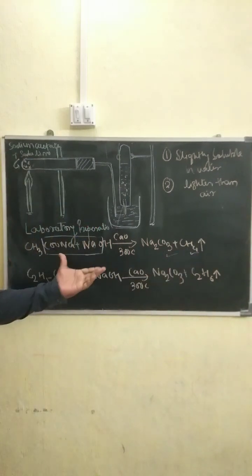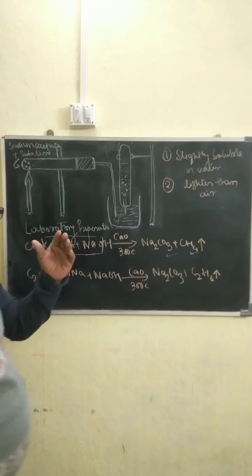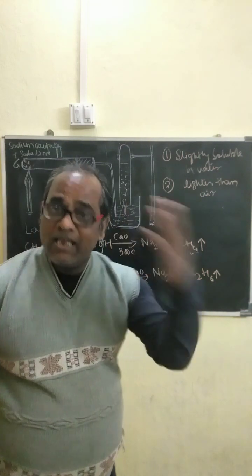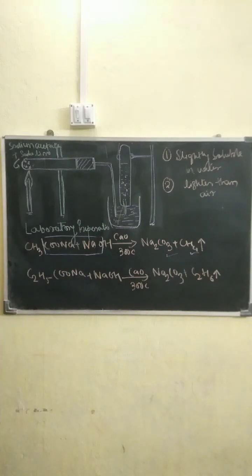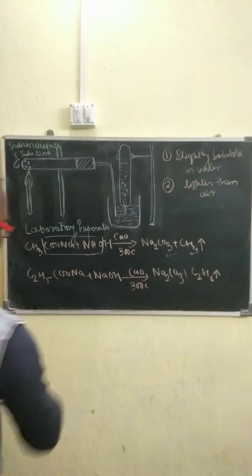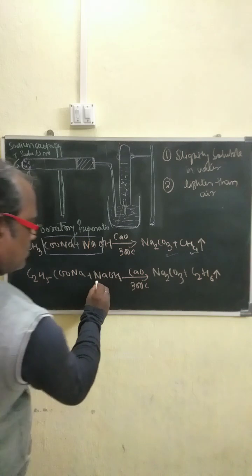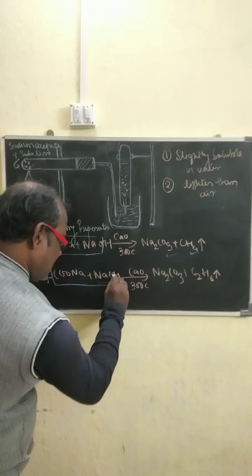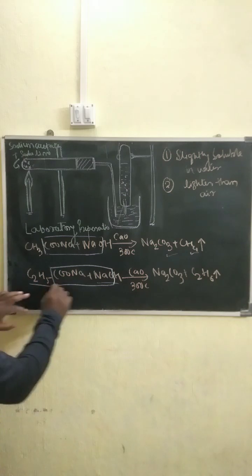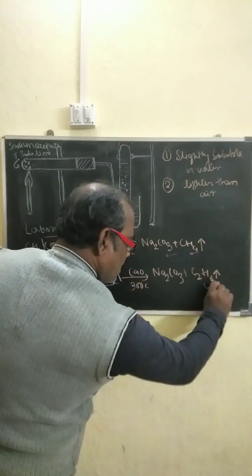In the same manner, for the preparation of ethane, we take C2H5COONa, that is sodium propionate, in presence of soda lime. Here also this portion is being eliminated, and we are getting C2H5 and one more H, we get C2H6.